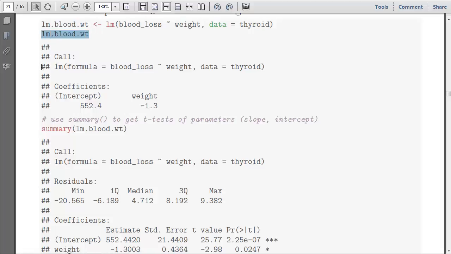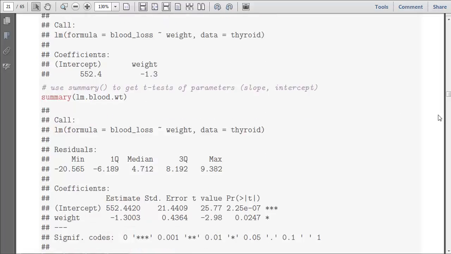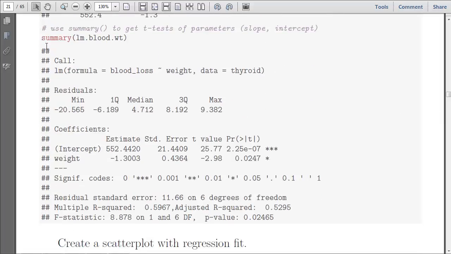It tells me what I used to generate this formula, and then here's beta naught, the estimate, and the estimate for beta 1, the intercept and the slope. You can plug these into a regression equation and then plot it. Below, which we'll talk about a little bit later, if we ask for a summary of this, we get a little bit more information. We have the 5-number summary of the residuals, and this largely is to indicate whether the residuals seem somewhat symmetric and possibly normal from these 5 numbers.